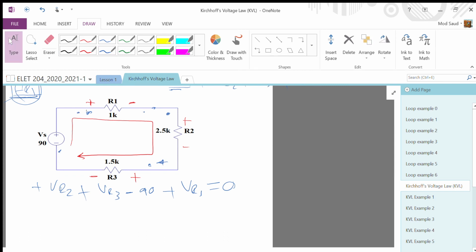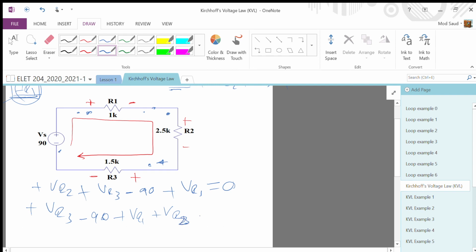Now, if I start at R3, then plus VR3 minus 90 plus VR1, and then plus VR2.